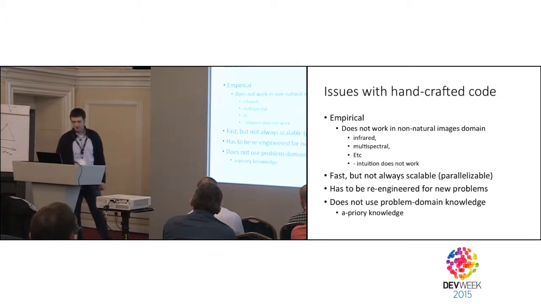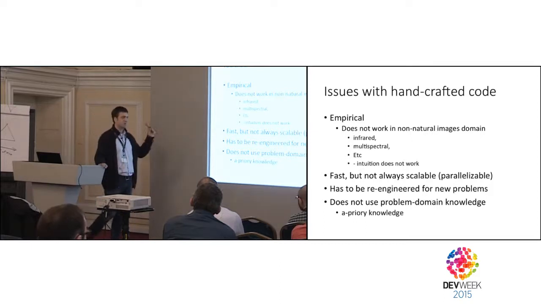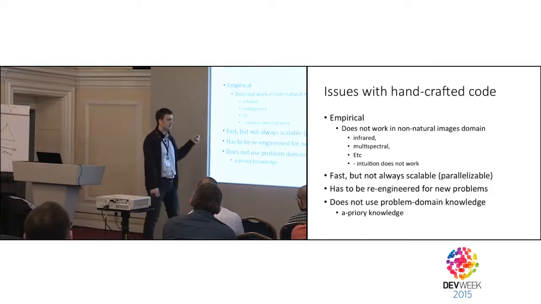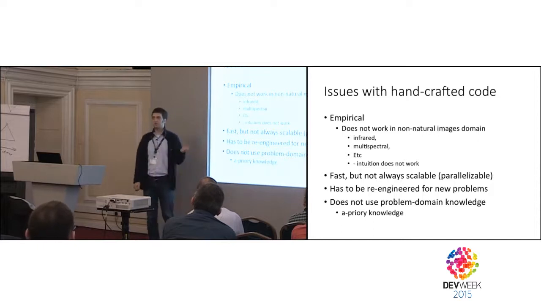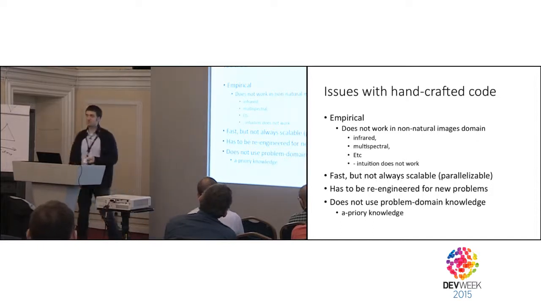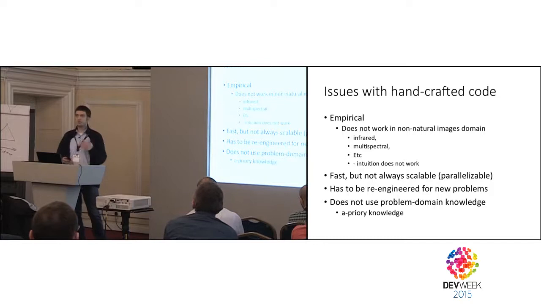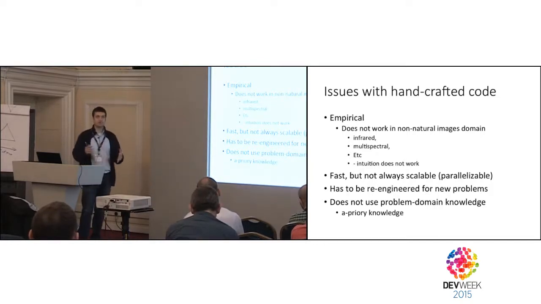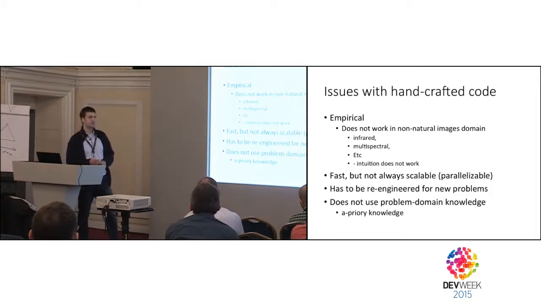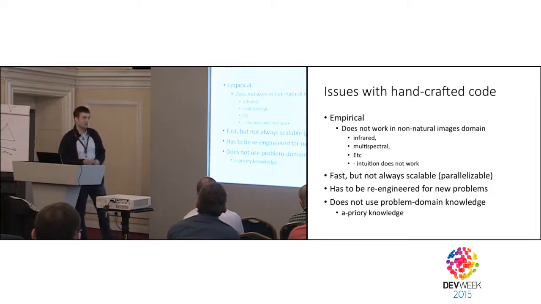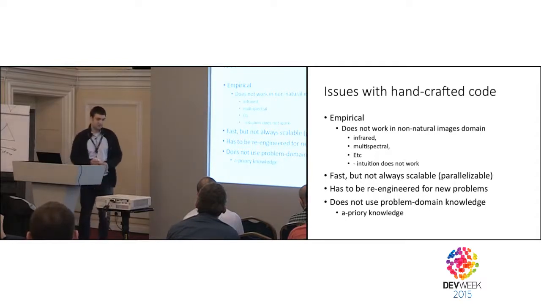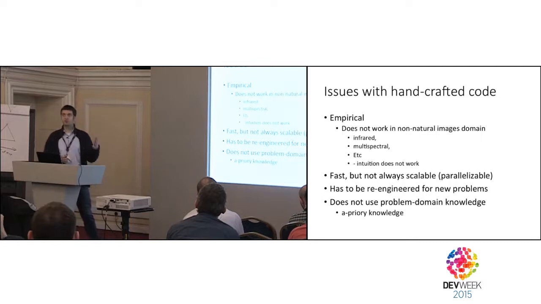Another problem is that handcrafted features like SIFT, if you try to use them for another domain, infrared for example, will not use the specifics of the infrared. That kind of sensor has its drawbacks and advantages that you would better use when you work on the features, which you can't.